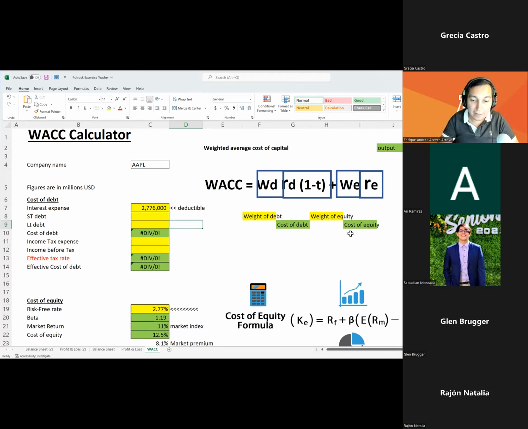Sorry, I did the same mistake, Grecia. So can you tell us the interest expense of 2021? Okay, I'm going. And anybody who can tell me the short-term debt, guys, short-term financial debt?